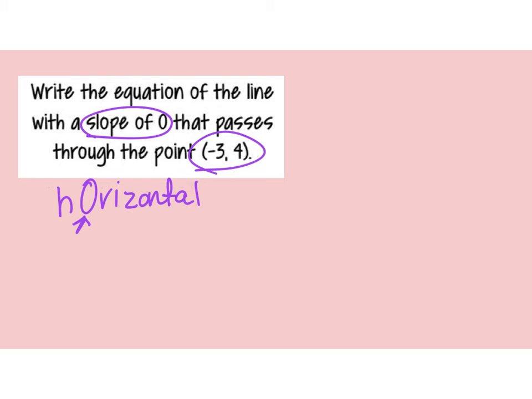When we graph this, here's my x and y axis. So this is x, this is y. If I'm going to graph this, we said it's a horizontal line, so it would look something like this, which means the graph has to touch the y-axis right there, correct? Keep in mind, that's not the only point on the line. There's points all the way across that line, correct?